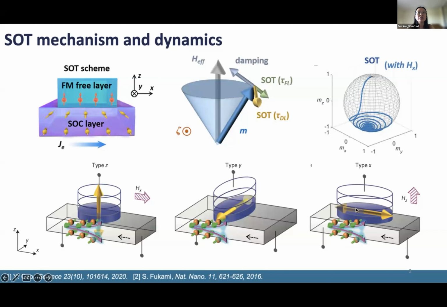The switching current and the speed, as I mentioned in the presentation, were demonstrated in the micromagnetic simulation. But we need the real device to demonstrate whether type X is really faster than type Z. That's the work we're going to explore in the near future. We have not demonstrated it on real devices yet.